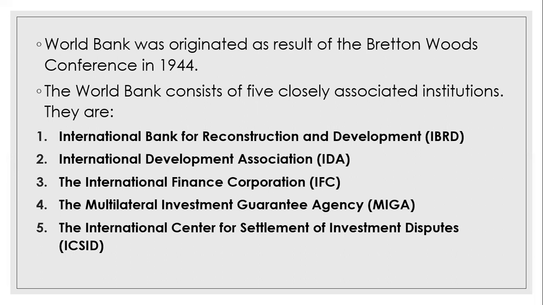They are the International Bank for Reconstruction and Development, IBRD, the International Development Association, IDA, the International Finance Corporation, IFC, the Multilateral Investment Guarantee Agency, MIGA, and the International Center for Settlement of Investment Disputes, ICSID.